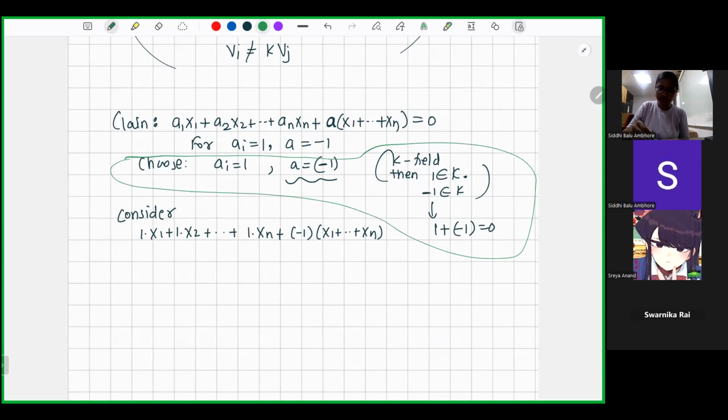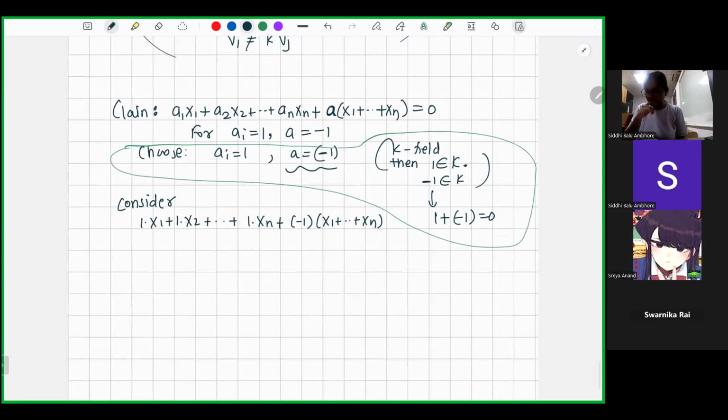If I combine everything, I get (1 minus 1) x1 plus (1 minus 1) x2 plus (1 minus 1) xn, which is 0x1, 0x2, plus 0xn, and this is giving me 0.